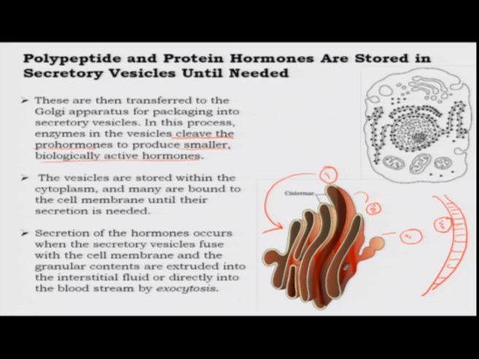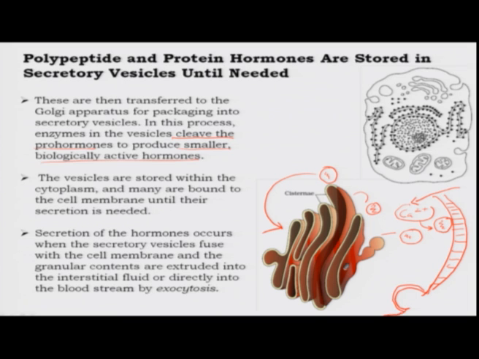So, this trigger occurs when these secretory vesicles fuse with the membrane and release their contents. The trigger comes from some kind of signal from outside this cell, which conveys a message into this cell, usually leading to an increase in the intracellular levels of calcium. This high level of calcium is what triggers the fusion of these vesicles with the plasma membrane.